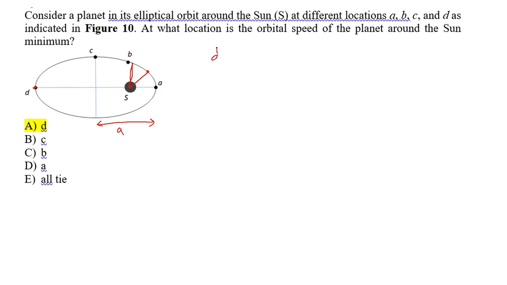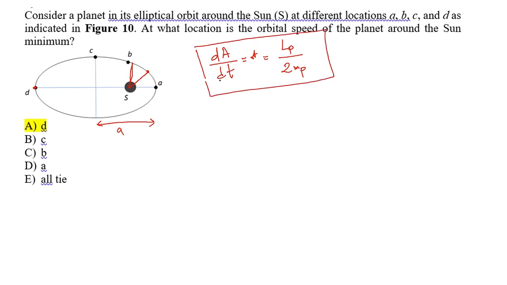If you remember in class, we said dA divided by dt, the area that this line is sweeping divided by the time interval, is constant. And I told you that it's equal to the angular momentum of the planet divided by 2 times the mass of the planet. Write this down. Sometimes I will give you this area per unit time, and then I will give you the angular momentum, and I will ask you what is the mass of the planet.